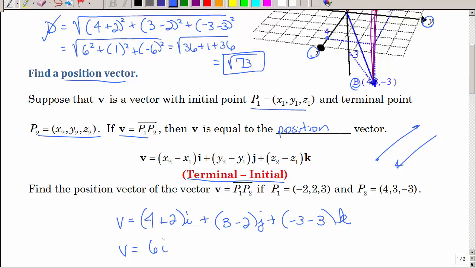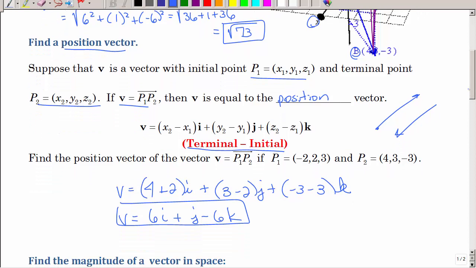So I would have 6i plus 1j minus 6k. You might recall when we were doing the vectors in 2 space, we also could write them in what was called component form, with those little brackets. So we could write it as <6, 1, -6>. If you get tired of writing that i, j, and k, that is an alternative way to write the vectors.